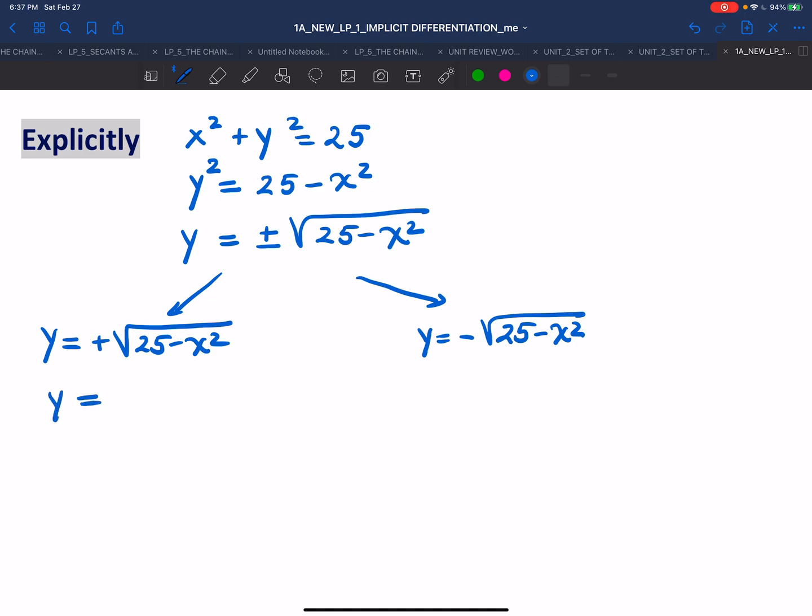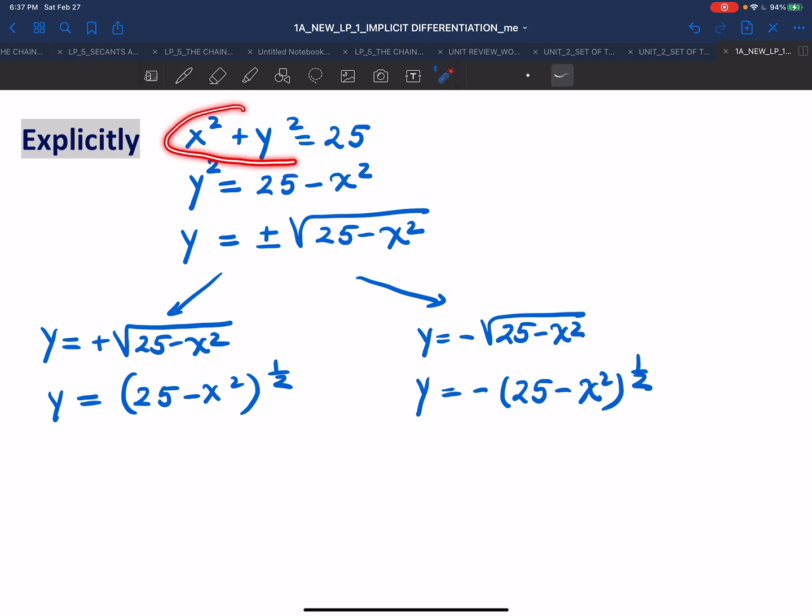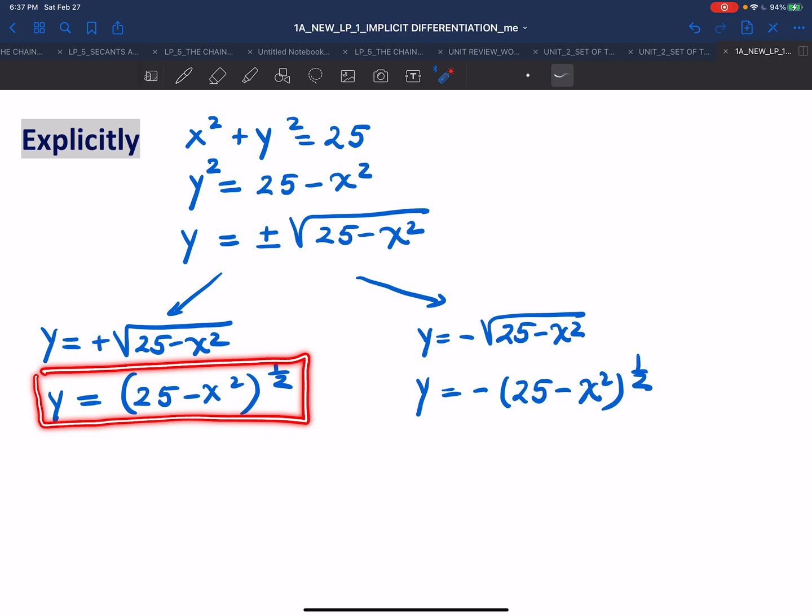And in power form, we'll write them as (25 minus x squared) to the power of 1 over 2, and negative (25 minus x squared) to the power of 1 over 2. In order to differentiate x squared plus y squared equals 25, now we'll have to differentiate the two different equations that we obtained from solving for y.